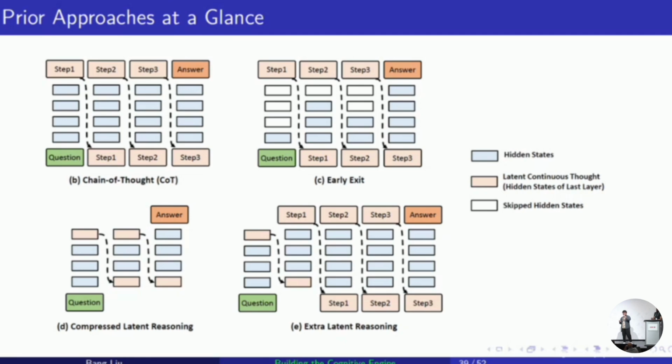So maybe you just need 3 layers to predict the next token. But sometimes it's more complex. You need to understand more about the context, so maybe you need 100 layers or 20 layers. So you keep deciding at each layer: shall I stop and go to the next time step, or shall I continue reasoning, right? So this is the early exit idea.